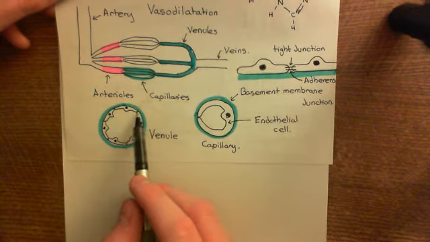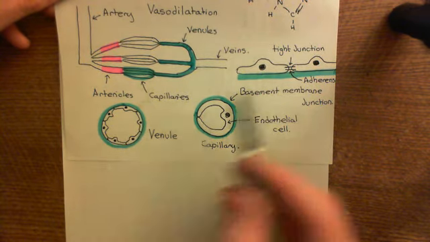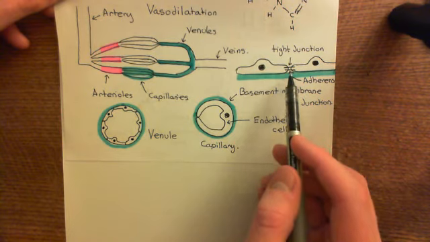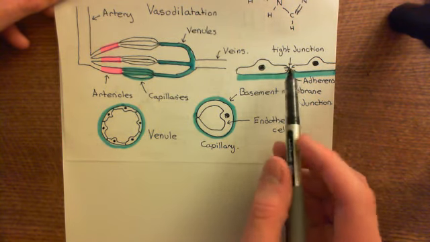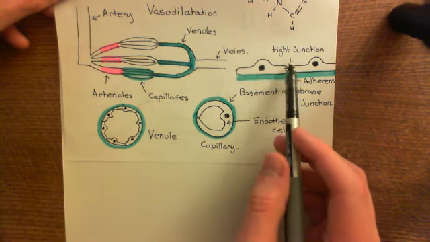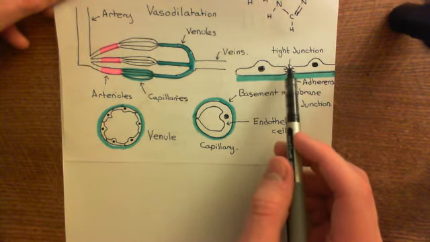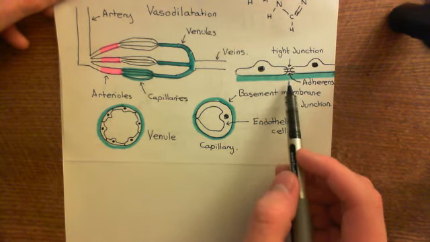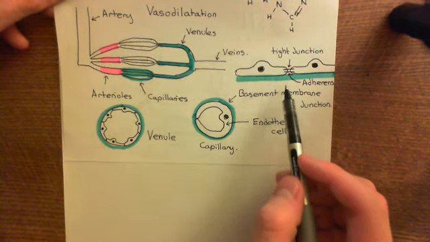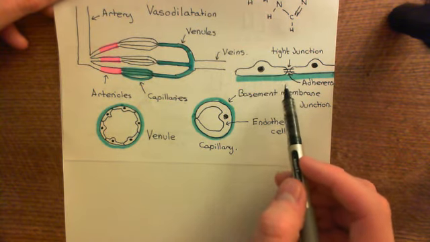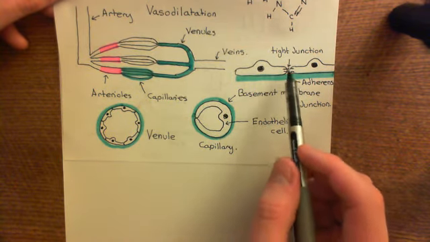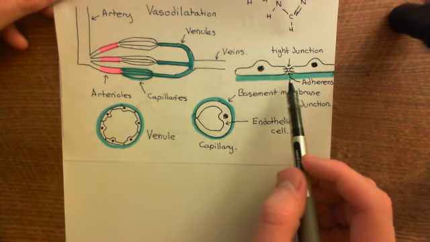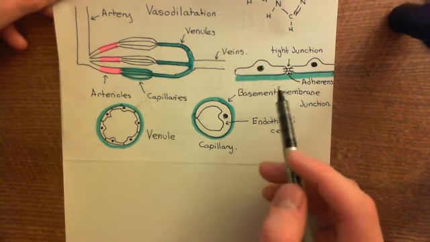So these gaps between neighbouring endothelial cells are going to become wider, and they're now going to allow certain proteins and fluid from the blood to move through those gaps and go into the interstitial fluid, or the tissue fluid, and we know that that's where the Staphylococcus aureus that caused all of this is, and those proteins that are going to come out, which is known as an exudate, are going to help fight the bacterium.